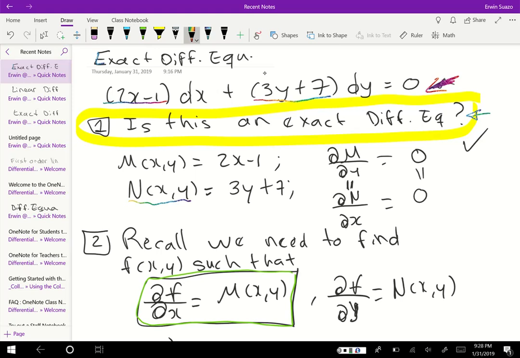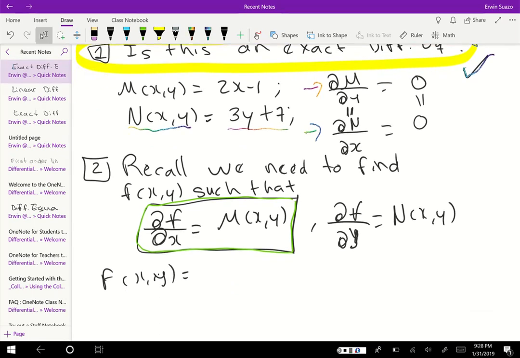That is, the derivative of M with respect to y equals the derivative of N with respect to x. In this case, the derivative of M with respect to y is 0 because there is no y over here, right? And over here, the derivative of N with respect to x is 0 because there is no x on here. So that's why 0 equals 0. Therefore, dM/dy equals dN/dx. Okay, so this is an exact differential equation.